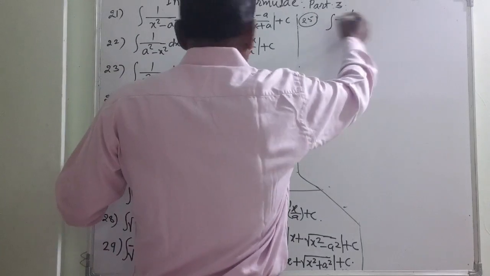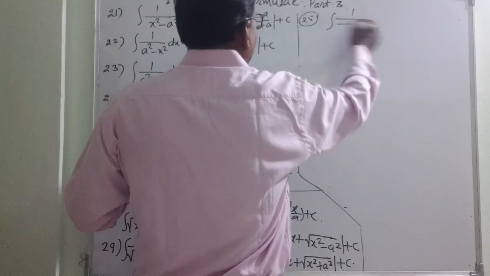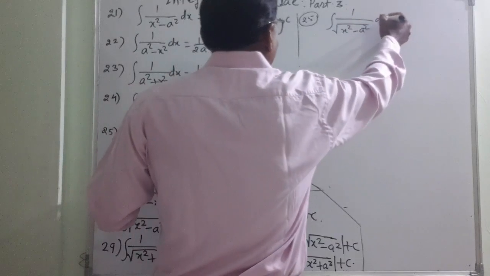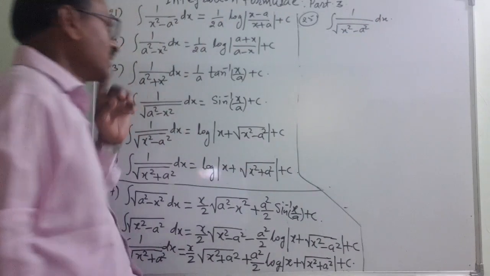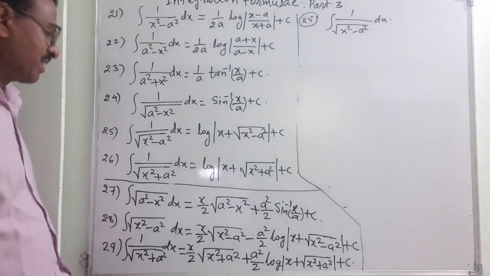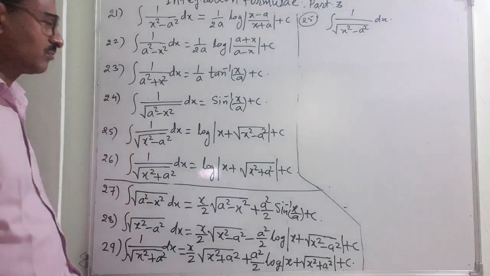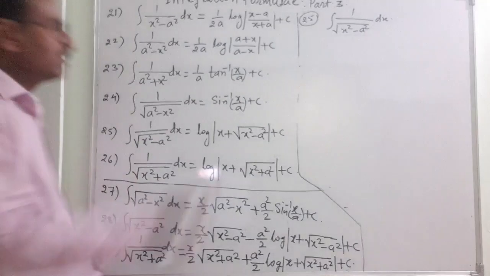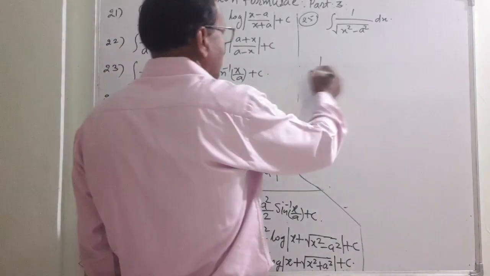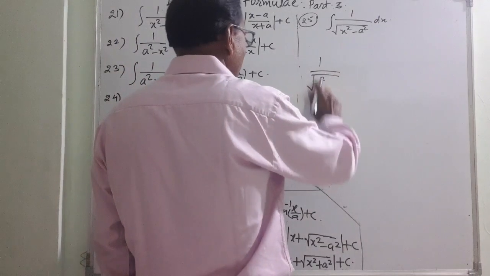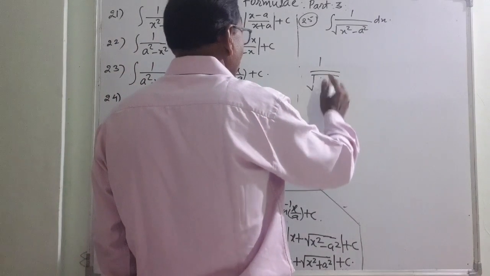Integration 1 upon under root x square minus a square dx, or x square plus a square dx. These are no formula where this will be. Suppose the sine inverse, for sine inverse it is 1 upon under root a square minus x square.